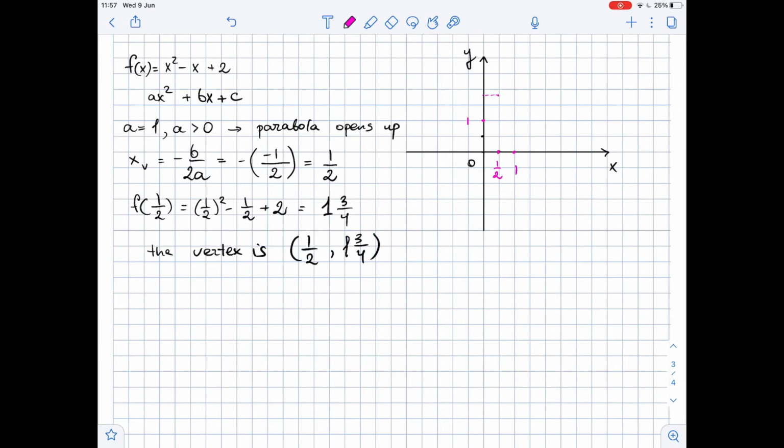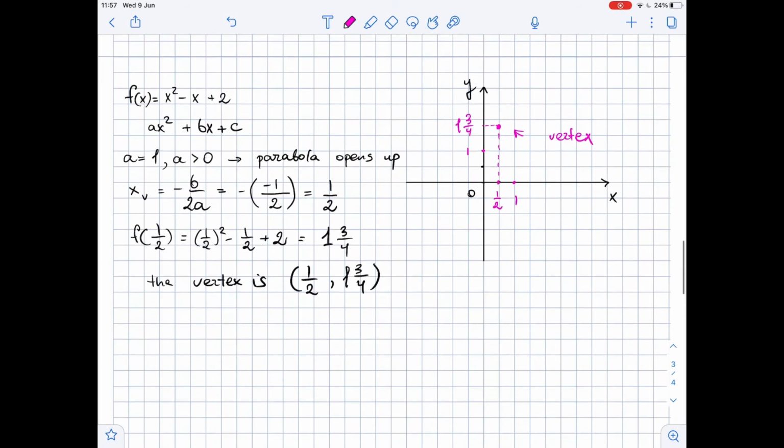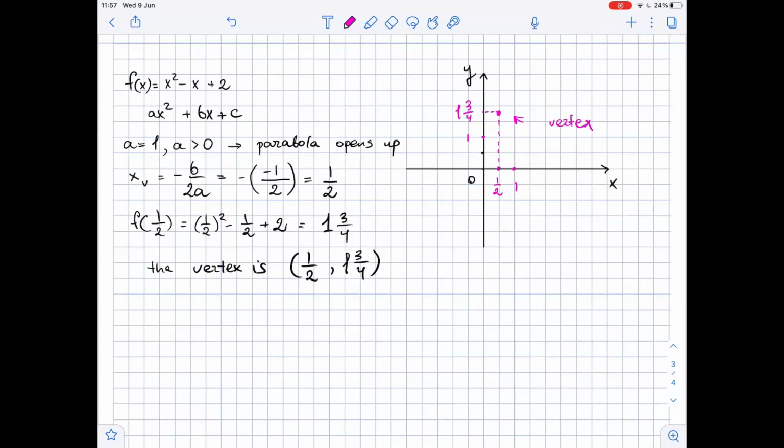So this should be the vertex. Let's write 1 and 3/4. Great, so we have found the vertex of our parabola, and we know that it opens up, so it will kind of look like this.